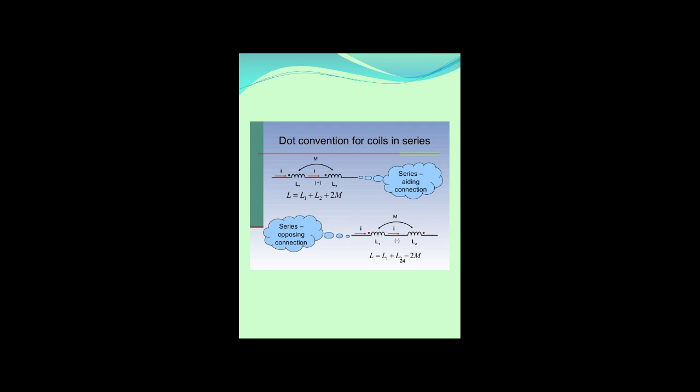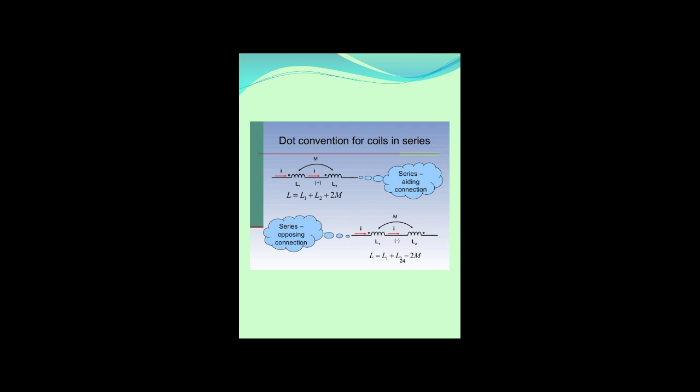So the dot convention or polarity of both the coils will be the same. So the inductance of the coil is equal to L1 plus L2 plus 2M, meaning mutual inductance is additive.